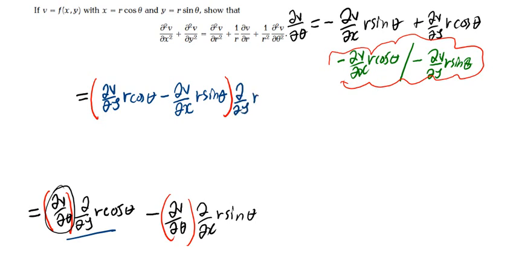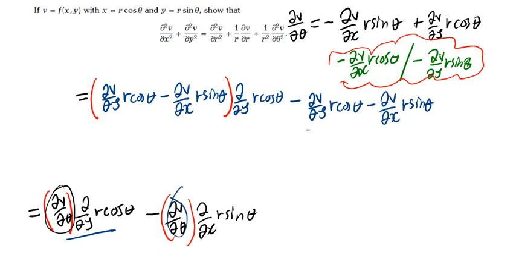Then you have r cos theta. Then this is going to be minus. I'm going to copy this one the way it is, because that is what you're supposed to have at this point.